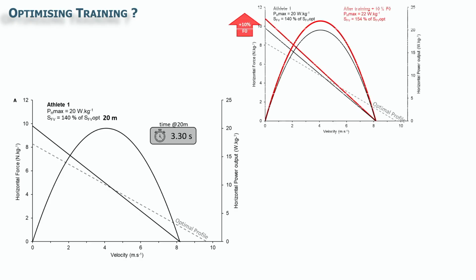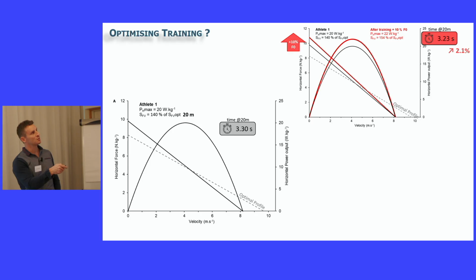So we improve his F0 value by 10%. He will increase the maximal power by 2 watts per kilogram, so 22 watts per kilogram. But he will increase the deficit. The profile will be farther from the optimal than before. But at the end, he will increase the performance because he increased the Pmax, and the performance increased by 2%.